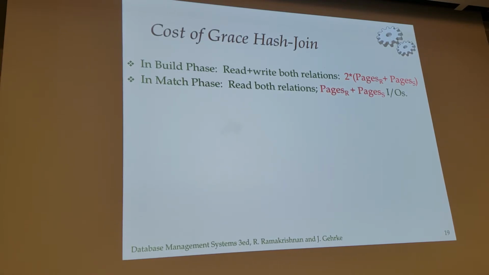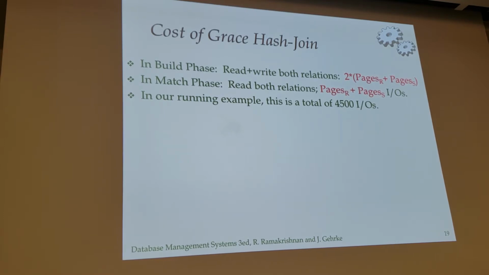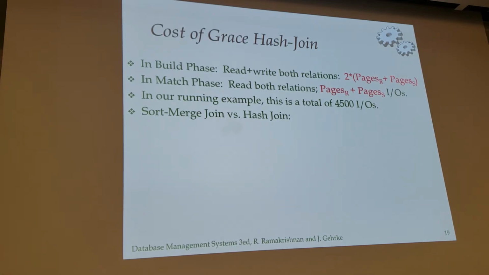So that's cool. 2 times pages of R plus pages of S, plus 1 times pages of R plus pages of S. It's going to be 3 times pages of R plus pages of S. There are 1,000 pages inside R. There are 500 inside S, so that's where the 4,500 comes from: 3 times 1,500. Okay. Again, things get more complicated if you have to go to H2, H3, etc.